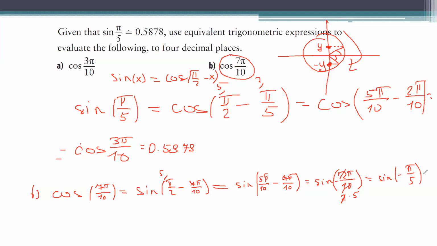So sine of negative pi over 5 equals minus sine of pi over 5, which is equal to negative 0.5878, and this is equal to cosine of 7 pi over 10.